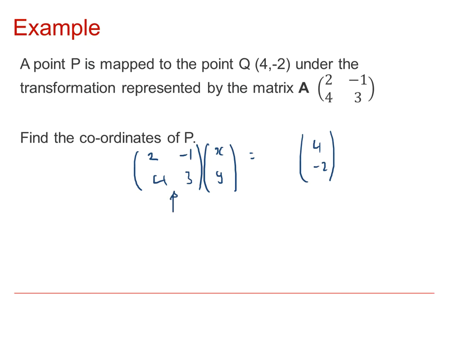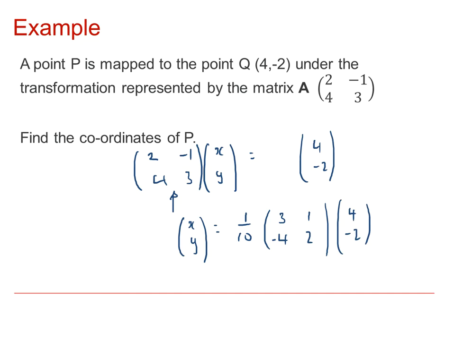So (x, y), multiplying on the left, must be, when we swap the leading diagonal, 3, 2, change the sign on the other diagonal, and divide by the determinant. The determinant of the matrix is 6 minus negative 4, which is 10, so it's 1/10 of that multiplied by (4, -2).